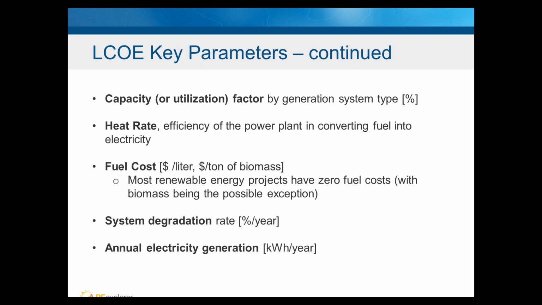The heat rate: any thermal generation technology will have a heat rate, and then a conversion factor that will convert that heat rate to another unit that will be neutral for the whole calculation.